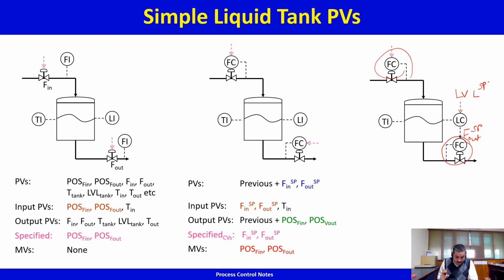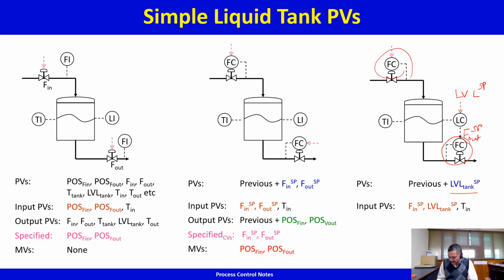So in this case, what are my process variables? Everything before are process variables, but now you also have level set point, which is additionally being specified by the operator. Input process variables are three only: the flow in set point, the level set point, and temperature in of the in stream.